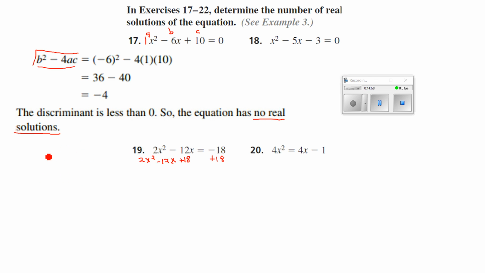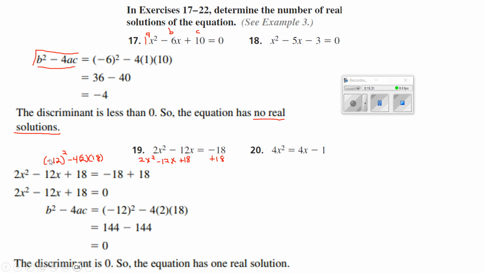So, b is negative 12, so we're going to have negative 12 squared, and we're going to have minus 4 times 2 times 18. All right. We solve this just like we had over here: negative 12 squared, minus 4 times 2 times 18.